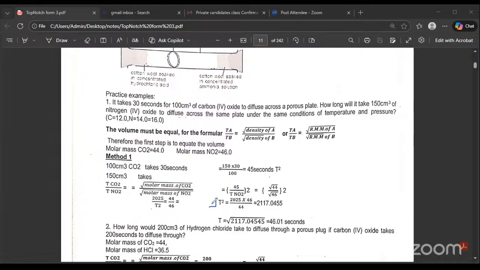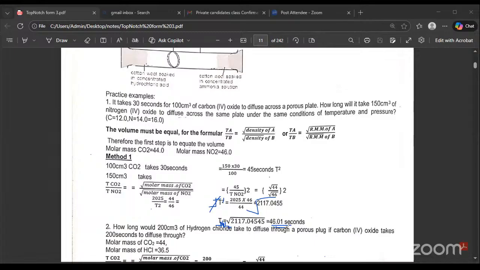So you take the square root and the division, and then you feed the calculator. So you are remaining with only time, which is not squared, and the time is for NO2, the square root of the answer after doing the division, to get 46 seconds.